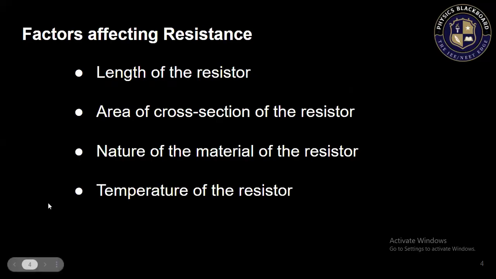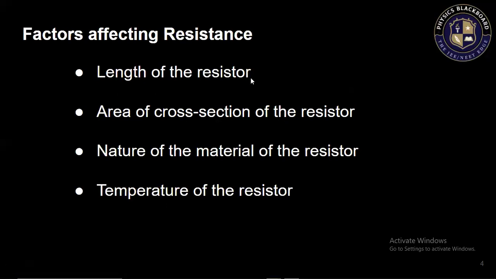And further, we will see what are the factors that affect the resistance. First, the length of the resistor. We will see how the length of the resistor will affect the resistance. And next, area of cross section of the resistor. That is nothing but the thickness of the wire or thickness of the resistor or conductor, right?